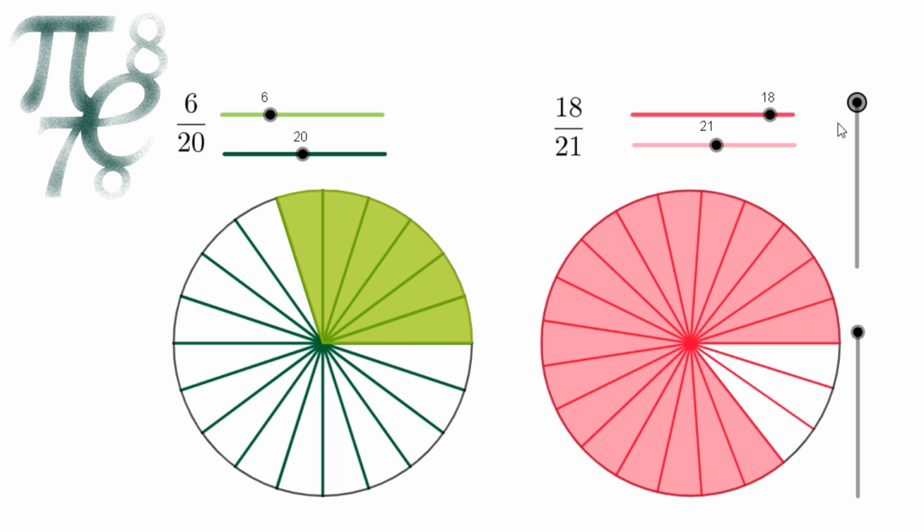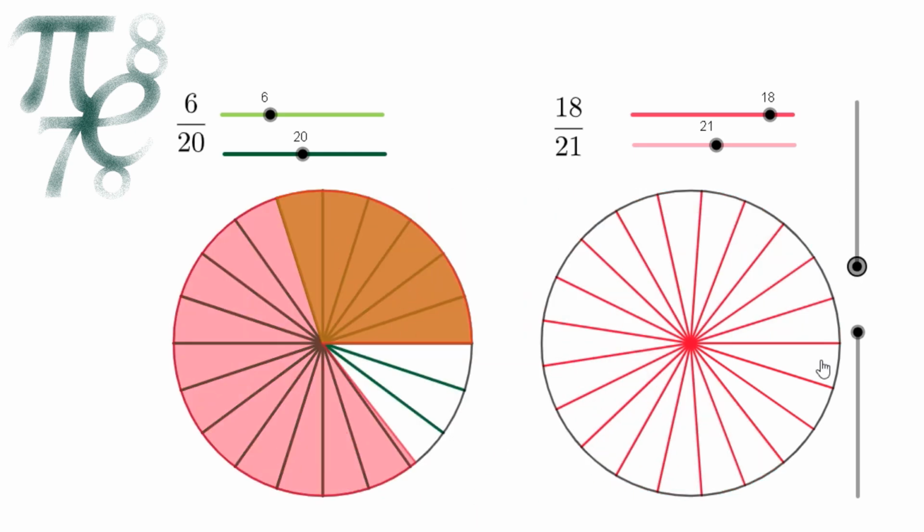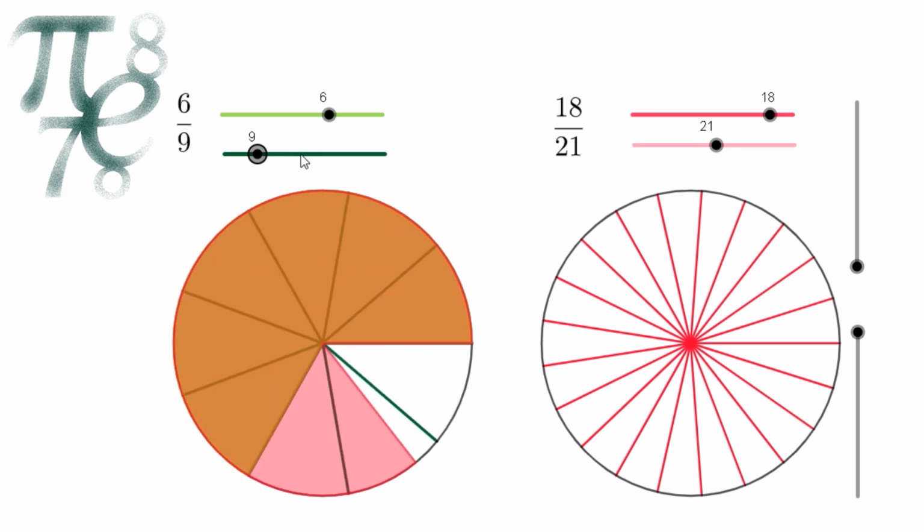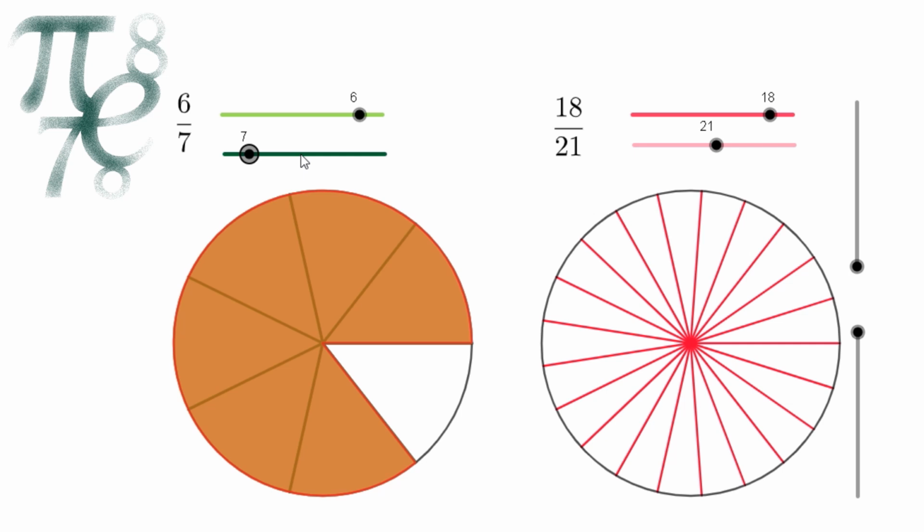Some number can be changed. 3 multiply 6 equals 18, then the denominator 20 can be changed to 7. Yes. Now we can say that the two ratios are proportional. 18 over 21 equals 6 over 7.